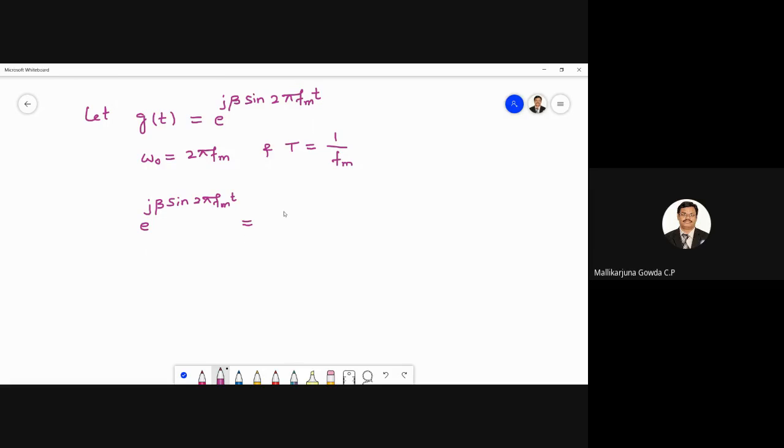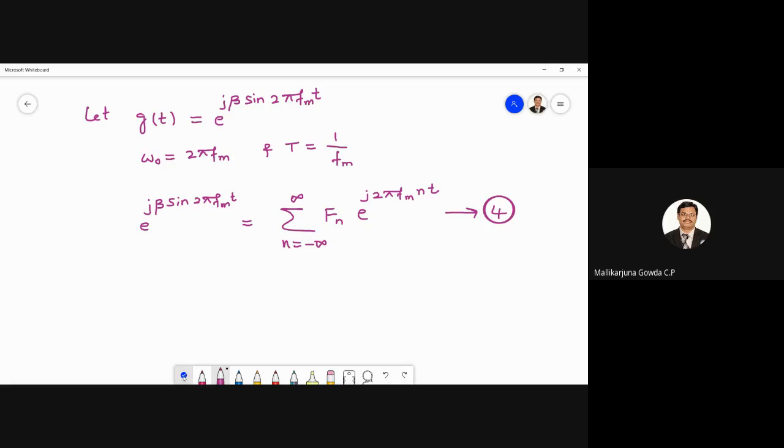So it can be written in terms of the complex exponential series: summation n equal to minus infinity to plus infinity Fn into e power j 2 pi fm n into t. Is this fine? I just substituted g of t in that equation, that's all. Let me call this equation 4.